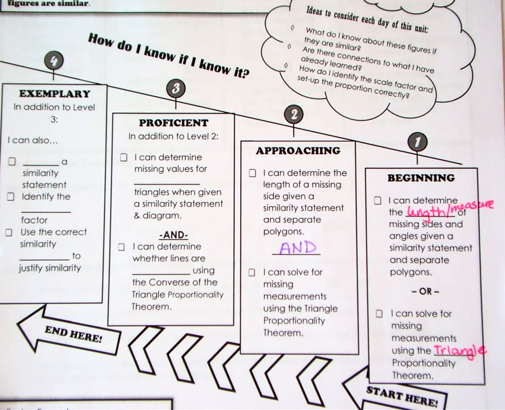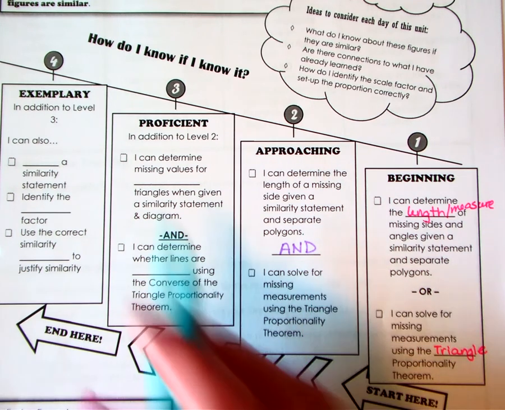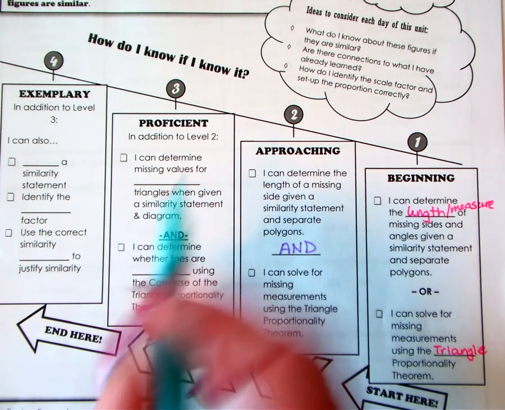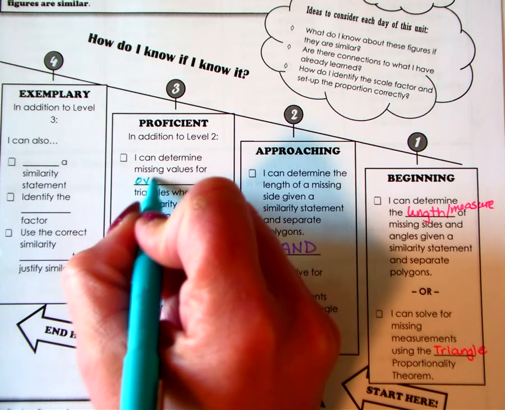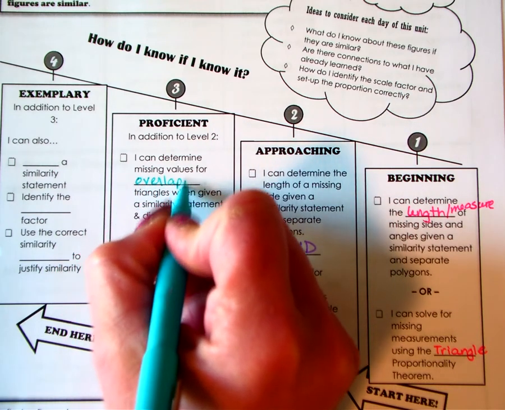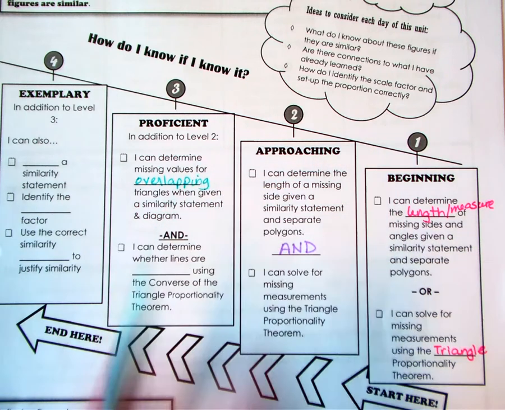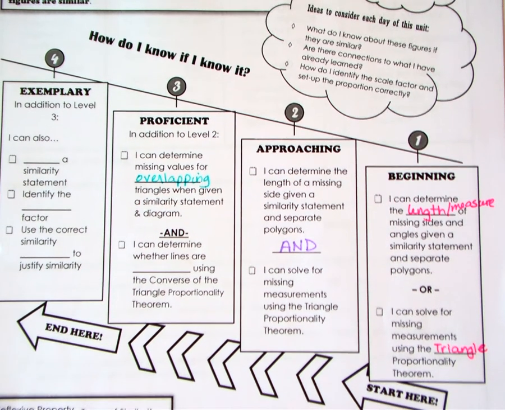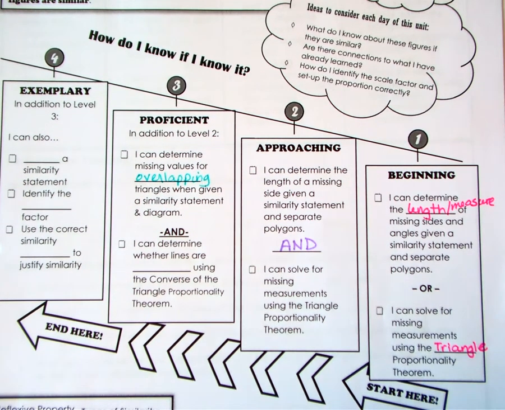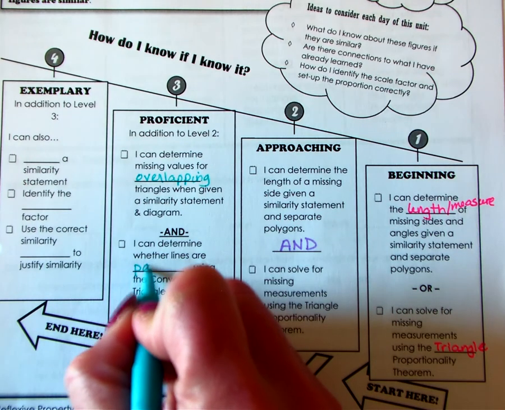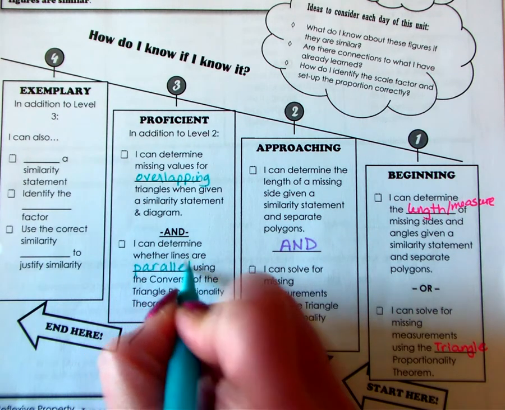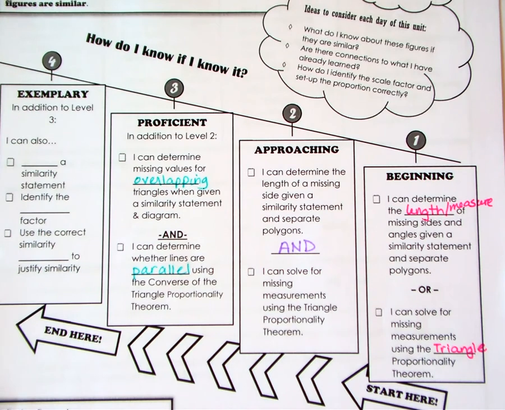Level 3 proficiency can be earned by earning a level 2 and also determine missing values of overlapping triangles when given a similarity statement and diagram, and you can also determine whether lines are parallel using the converse of the triangle proportionality theorem.